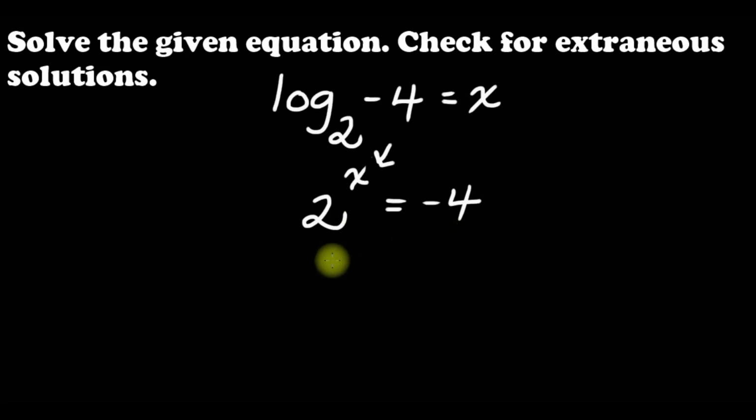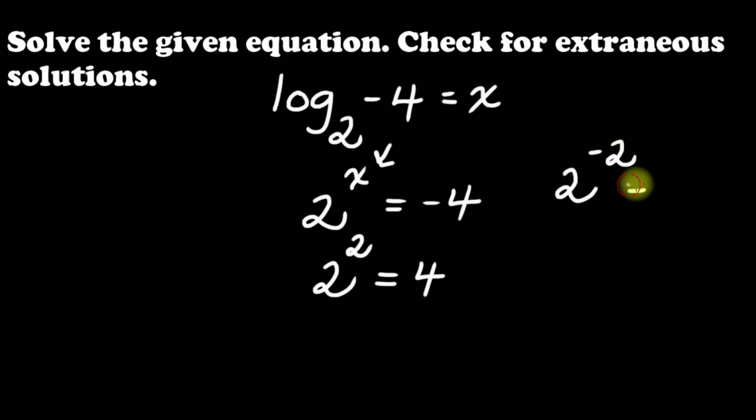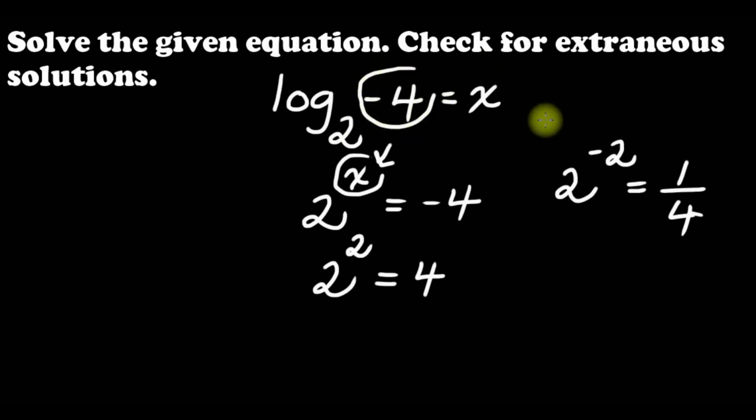That's not going to be possible, because 2 squared is 4 and not -4. 2 to the -2 is 1/4 and not -4. So it would just not be possible. There's no such thing for x here. Therefore, you cannot take the log of a negative number. See how you have a negative number here? That's why you always have to check, because not all solutions are going to work.